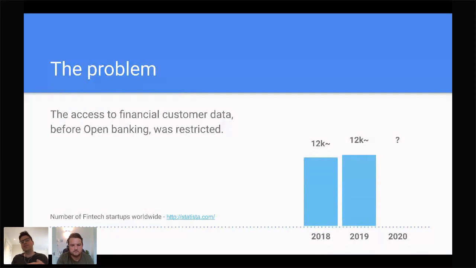But what happened was, after open banking came, financial institutions started to build 2FA, two-factor authentication, and that broke the entire experience of accessing customer data behind the scenes.